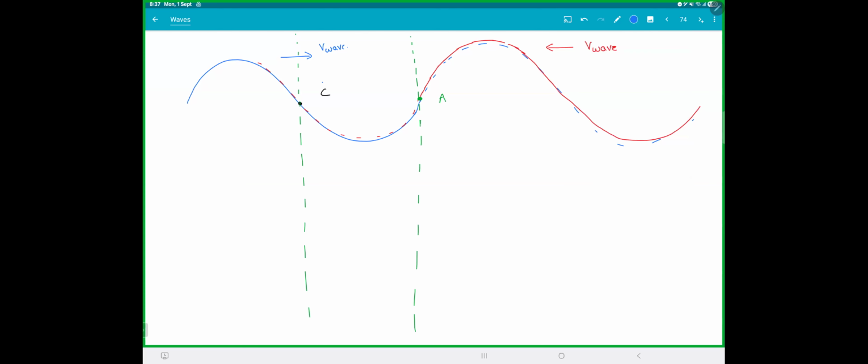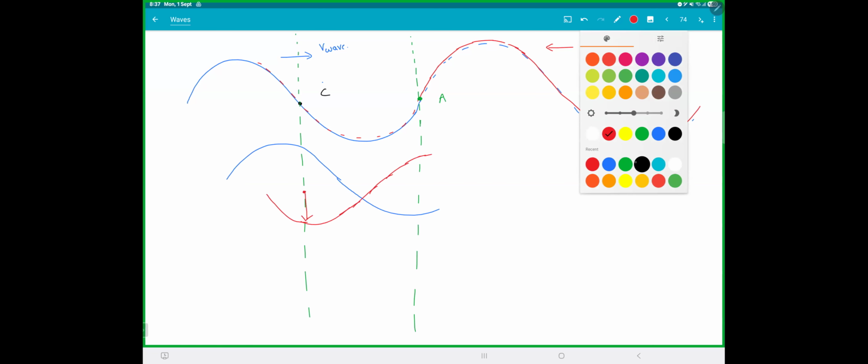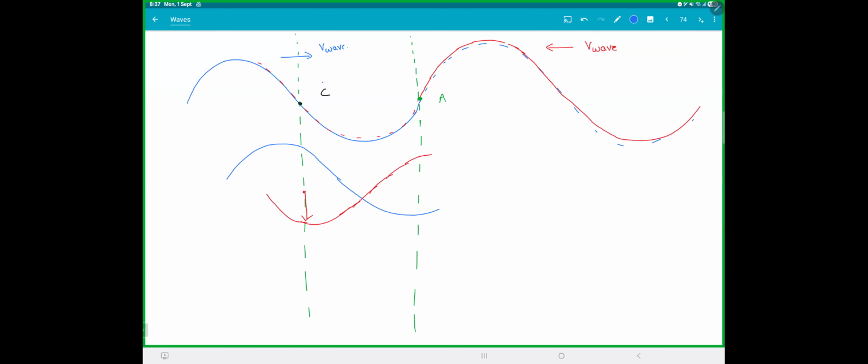You will notice the blue wave will go a little forward. This red will push this side. So you will notice here, this is being pushed down, right? And at the same time, this is being pushed up. If you see, the displacement of C is 0.